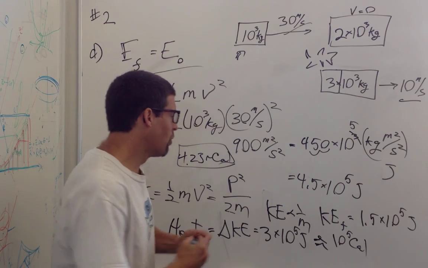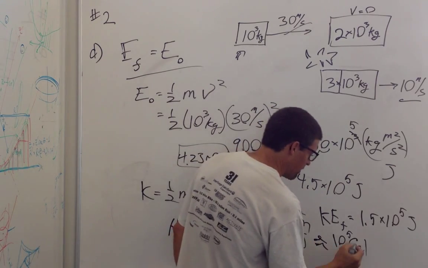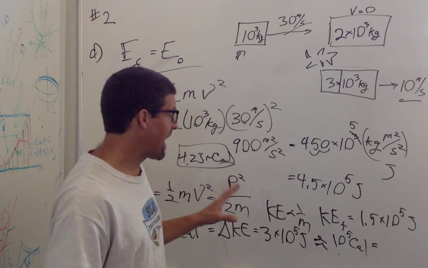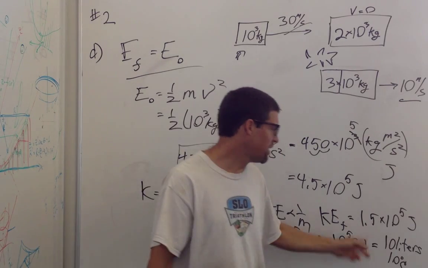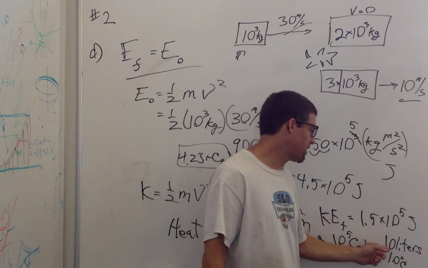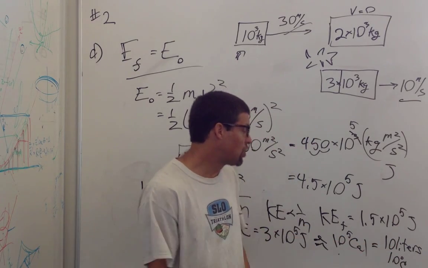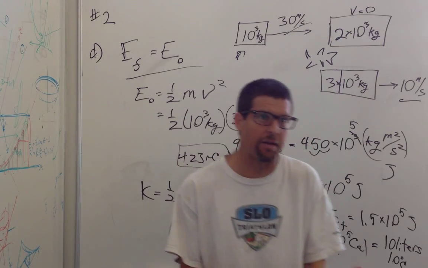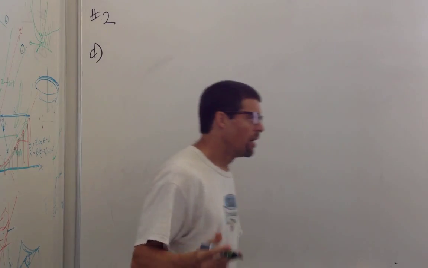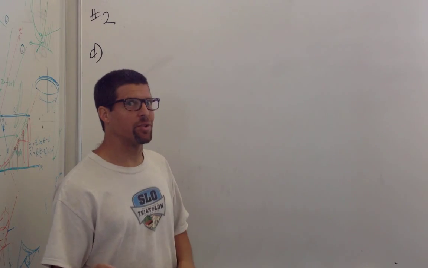Okay? So that would be enough energy to raise 10,000 grams of water 10 degrees Celsius, or 10 liters of water 10 degrees Celsius, and that's about 2.5 gallons of water 10 degrees Celsius. Is that a lot of energy? You decide.